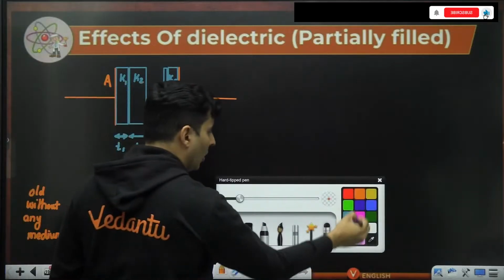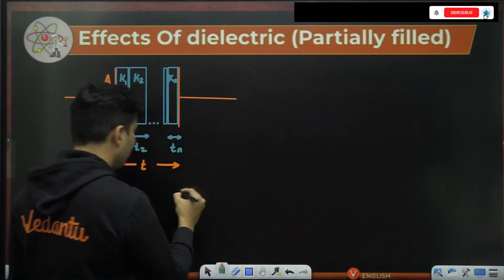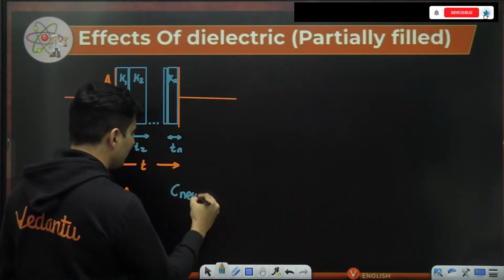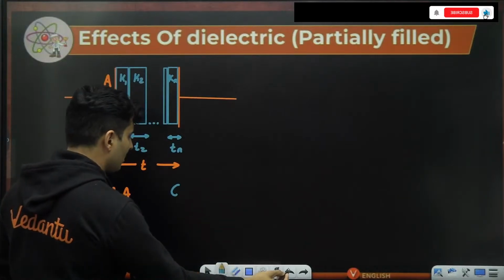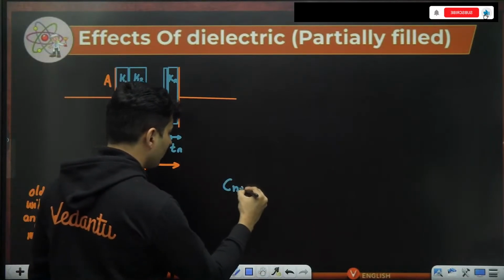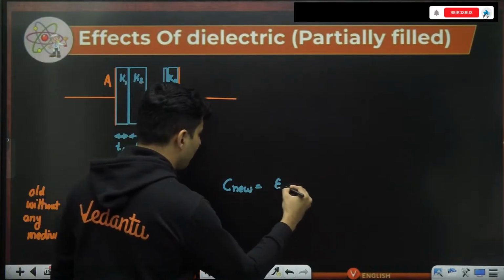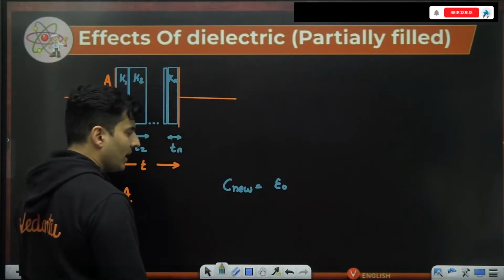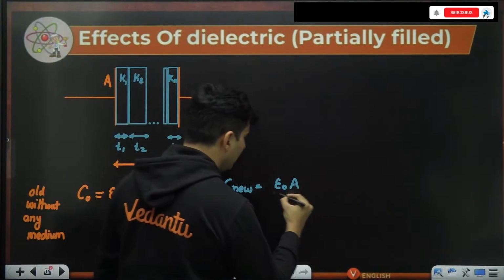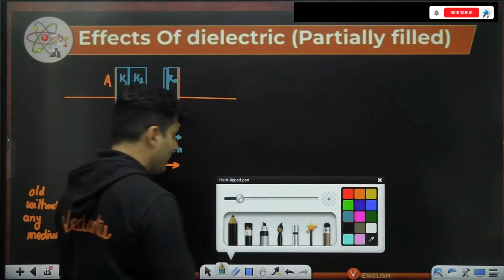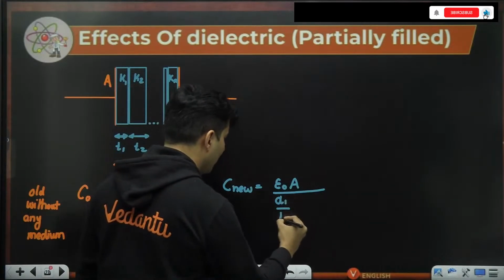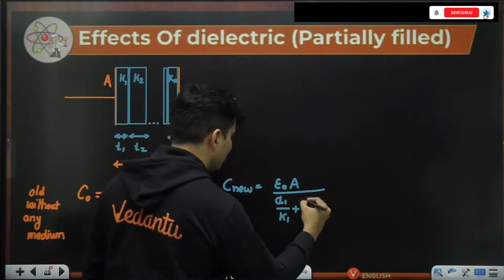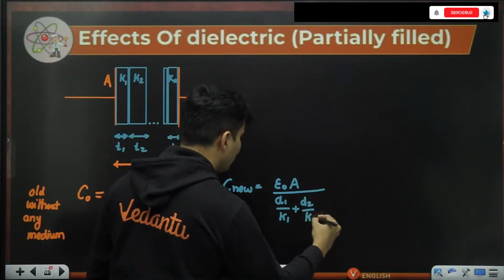But with all these things in between, the new capacitance, keep this in mind, very, very interesting. Let me just write it over here. It is epsilon naught A divided by, in the bottom, D1 by K1 plus D2 by K2.